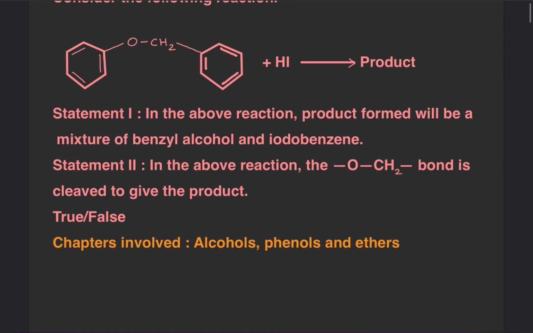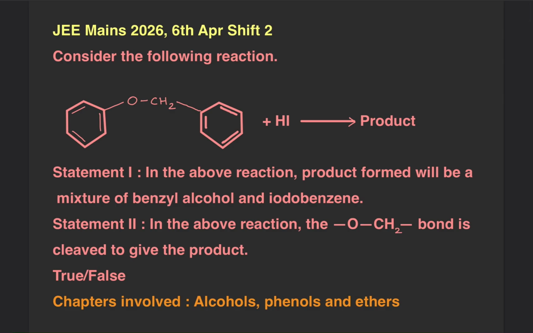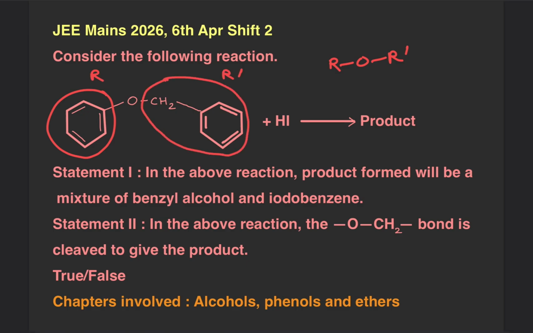In the reaction, you can see we are starting with an ether. Ethers are ROR', so this is the R part, and this is the R' part, and this is the divalent oxygen functional group present in ethers. We are reacting the ether with HI, which is an example of a hydrogen halide, also known as halogen acids.